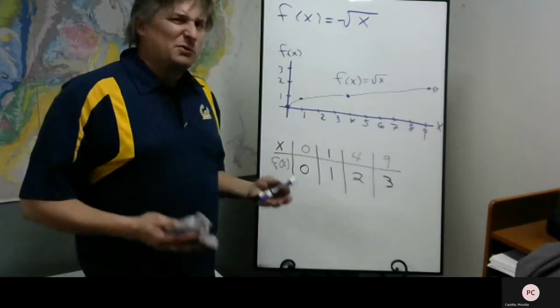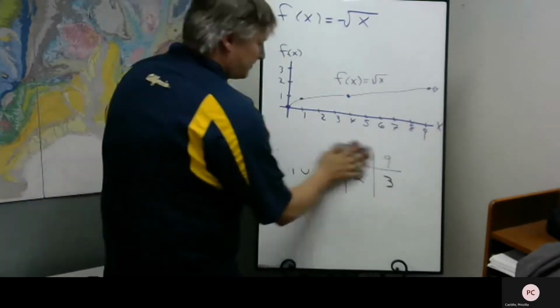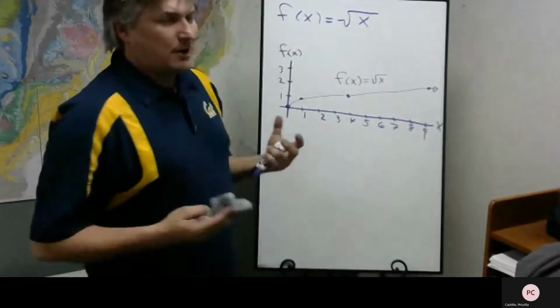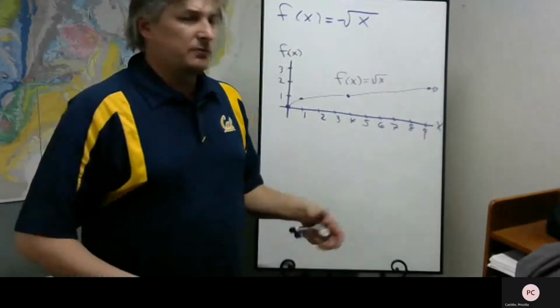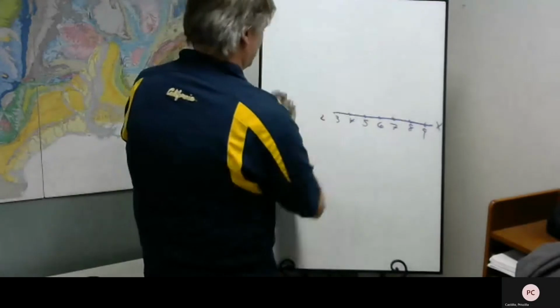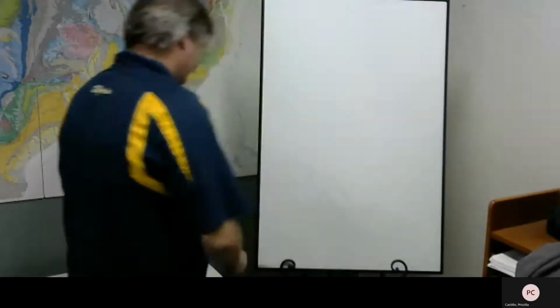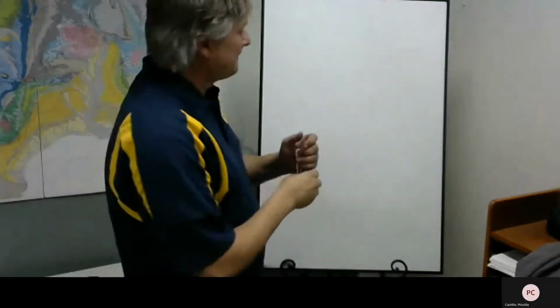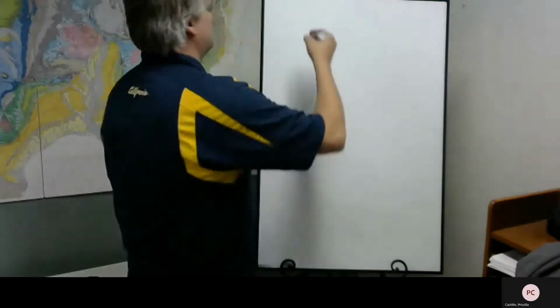Now, there's some rules with the square root of x, and it comes from our experience of trying to take square roots of negatives. For now, we don't, but later on we can.